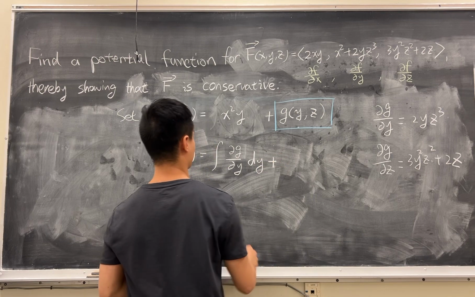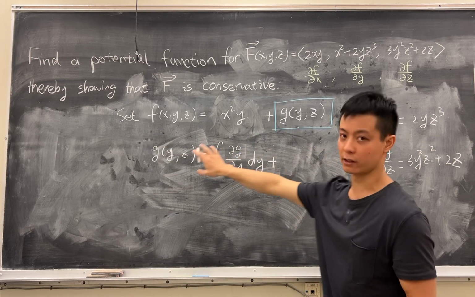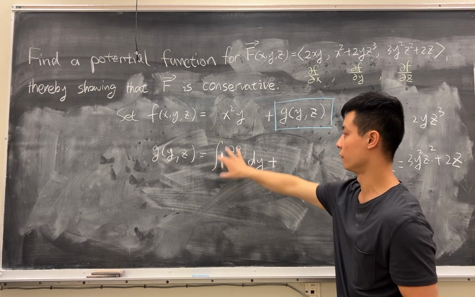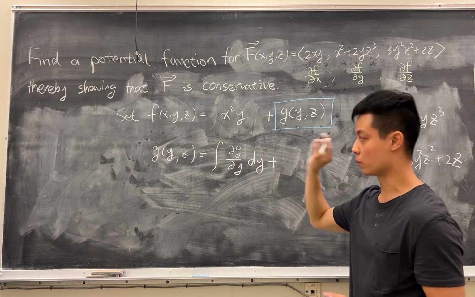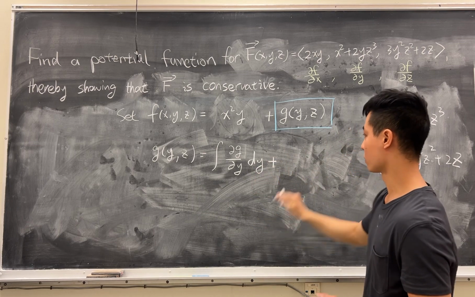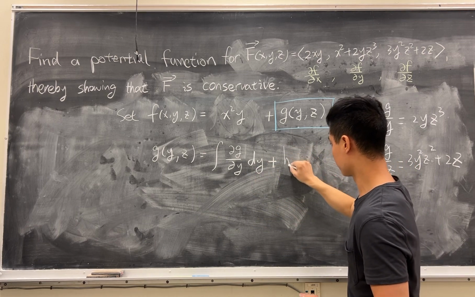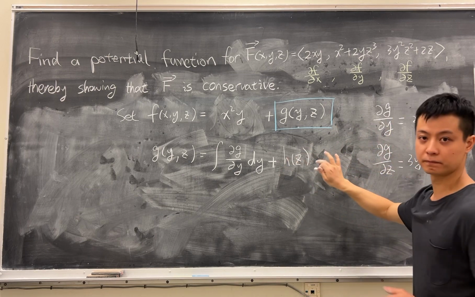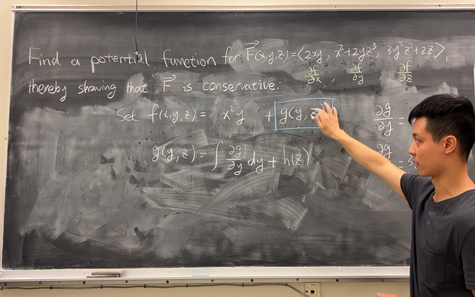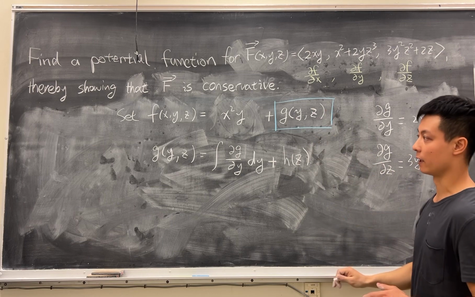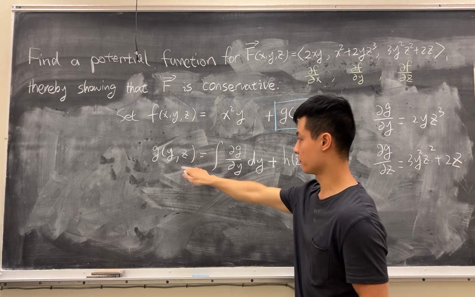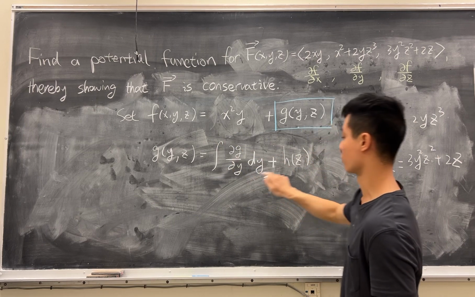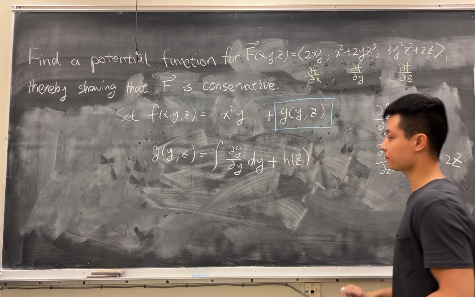Then, because there's some information inside this function that we might have lost in the process of partial differentiation with respect to y, we need to assume that this is a function purely in terms of z, just similar to the first step. Finding this function is equivalent to not only finding this part, but also finding this part.